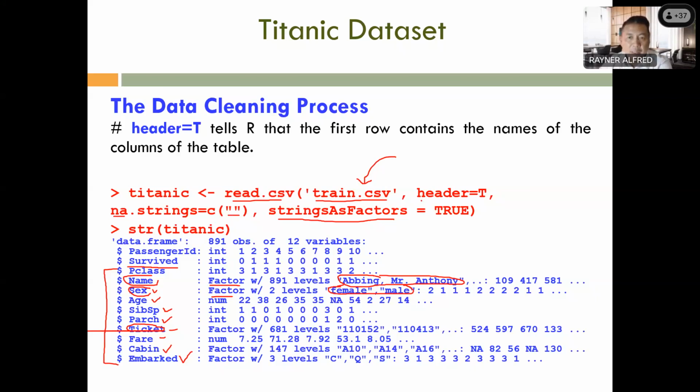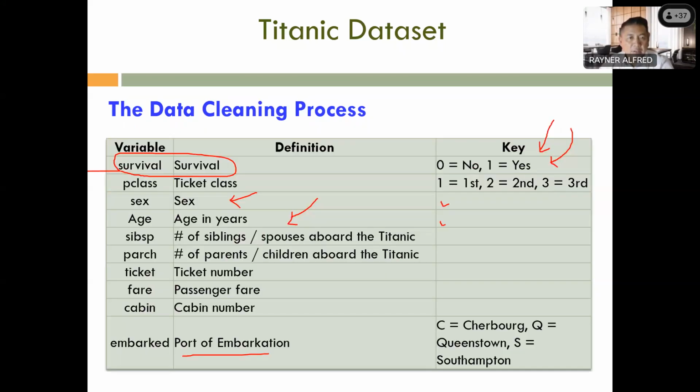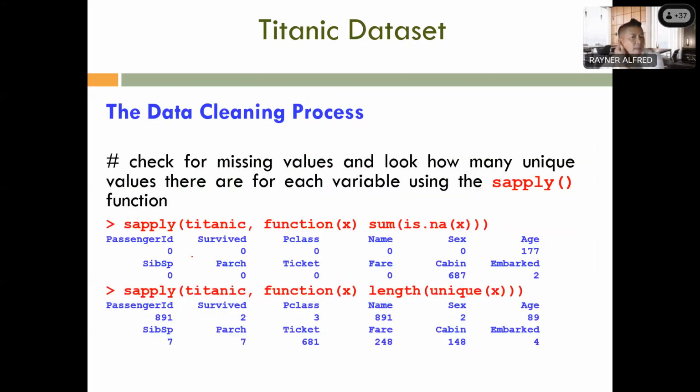The header true means we also import the header of the file, which is the row name. So we have everything. The first thing that we need to do is check whether there is any missing value. NA means not applicable, referring to a missing value.